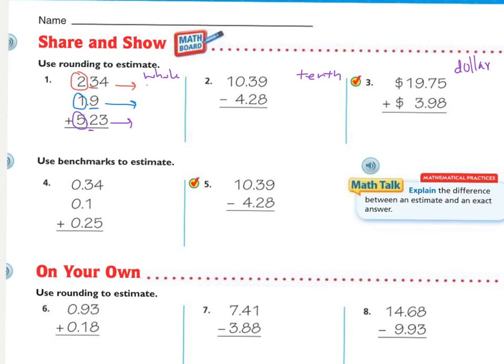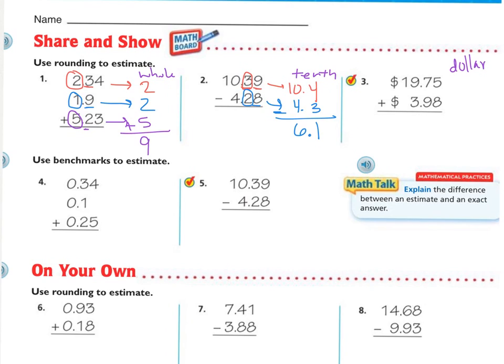I hope you paid attention to your operations. Number 1 should be 9. Number 2, it is subtraction, and make sure you line up your decimals. To the nearest dollar tells us to use the ones column.